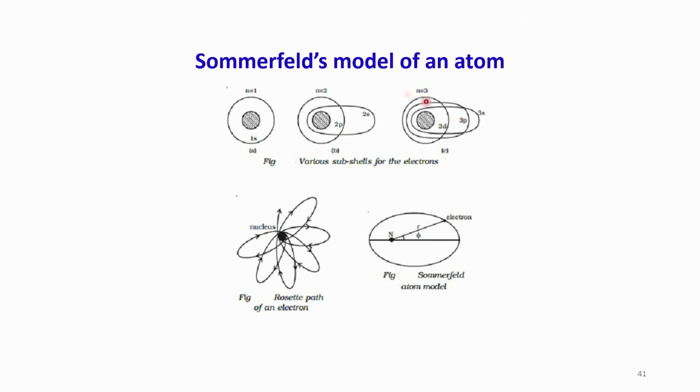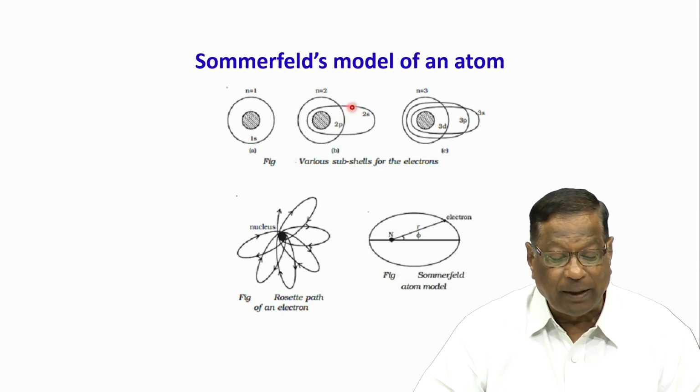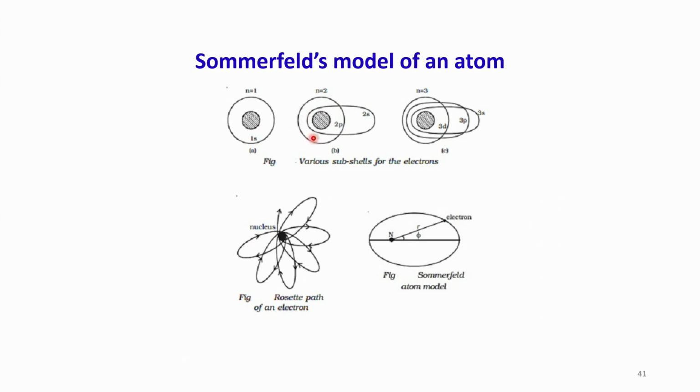Now, look at this figure. This is the first one, that is the circular orbit, that is Bohr's orbit, a special case of elliptical orbit, and this is 2s and 2p. See how the orbits can be overlapping one another in this case, and here you can see there is a lot of overlapping.